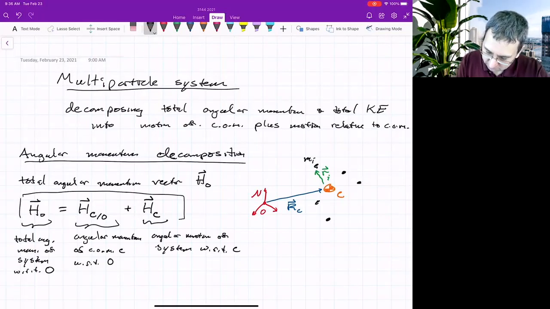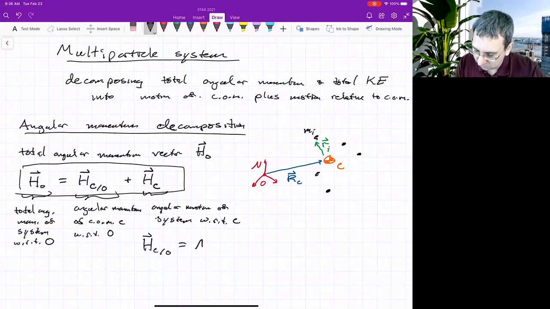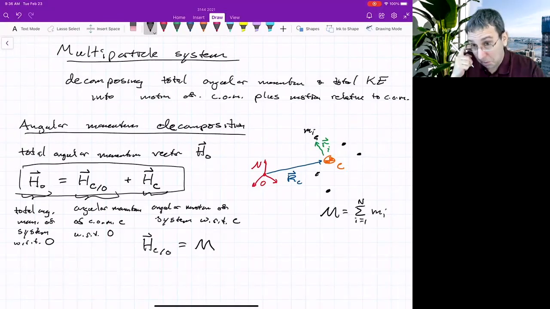Okay, and we could write expressions for each of these. H_C/O is the total mass, remember, M is the total mass, the sum over all of these from 1 to capital N, total mass times R_C cross R_C dot.